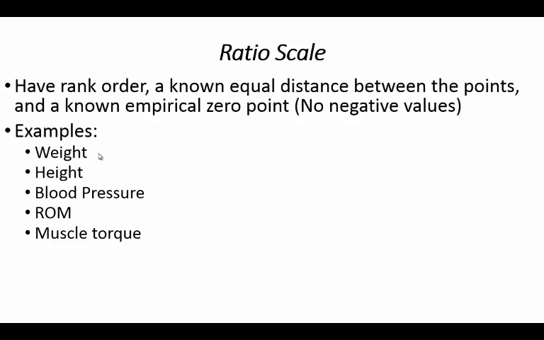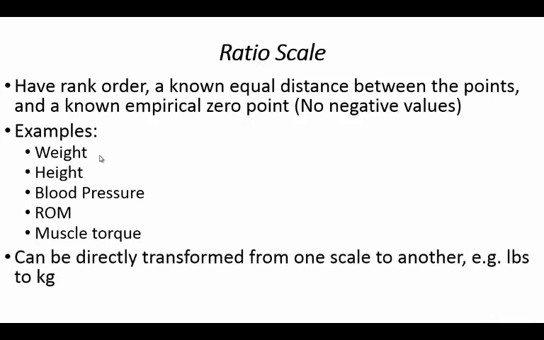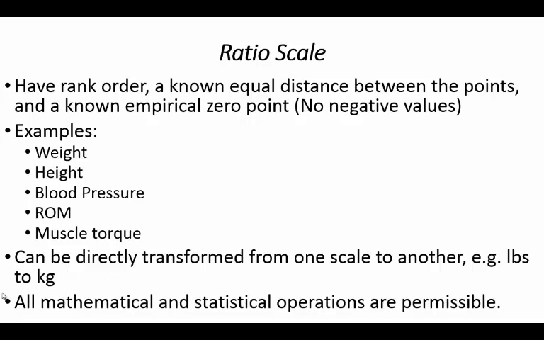So there is a known distance between the numbers on the scale. It can be directly transformed from one scale to another. I can transform pounds to kilograms, miles to kilometers, centimeters to inches. I can transform any of the units to other units.